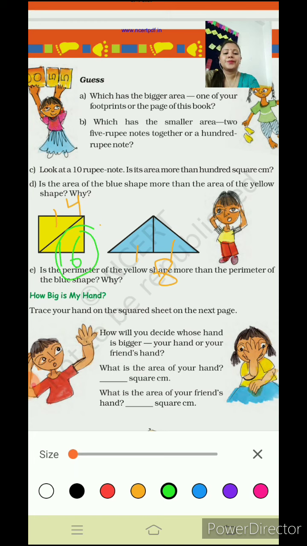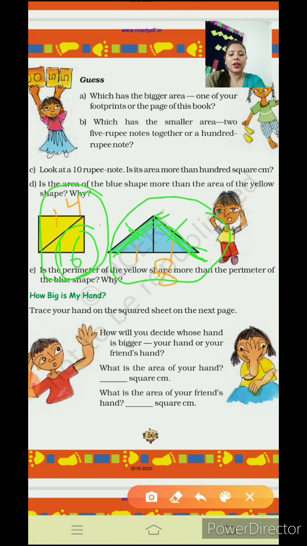Here it is 4 plus 4, total 8, and these two are more than 4 because they are diagonals, so these diagonals are greater than 4. So obviously the perimeter of the triangle is greater than the perimeter of the yellow shape.